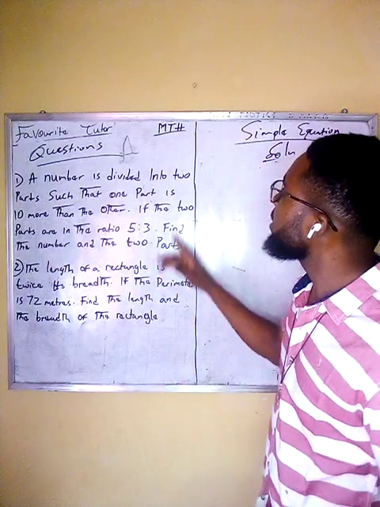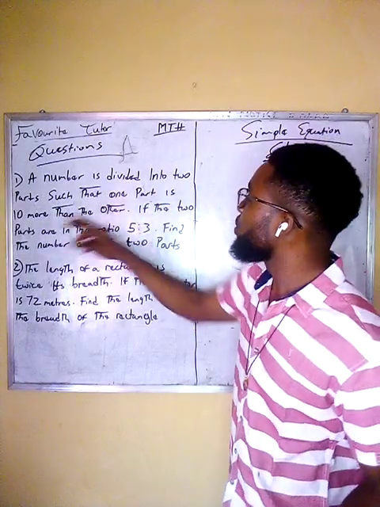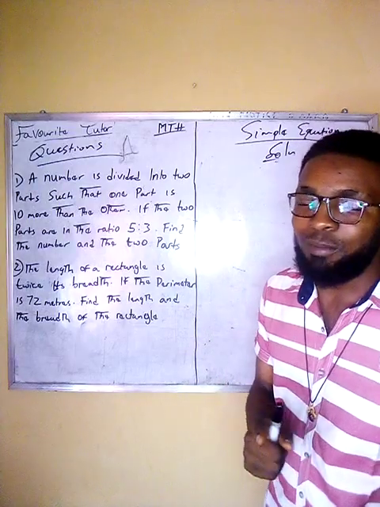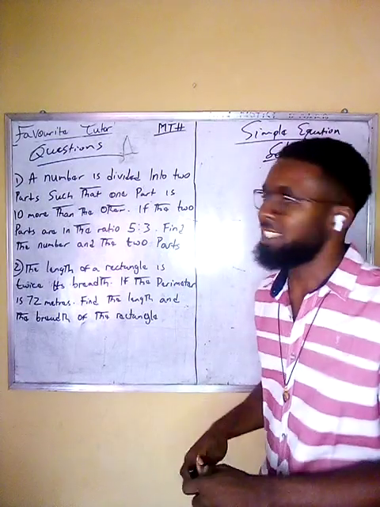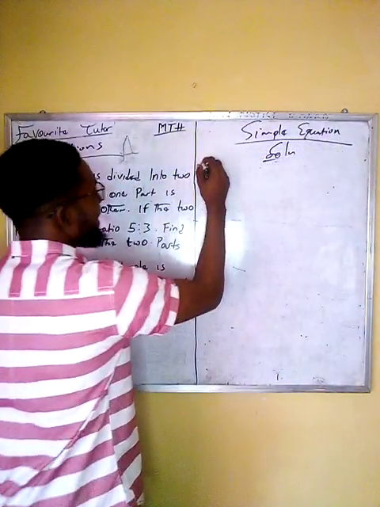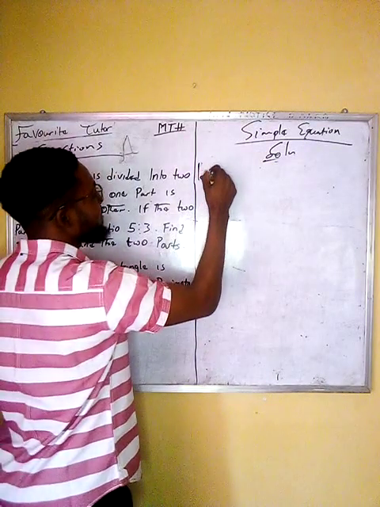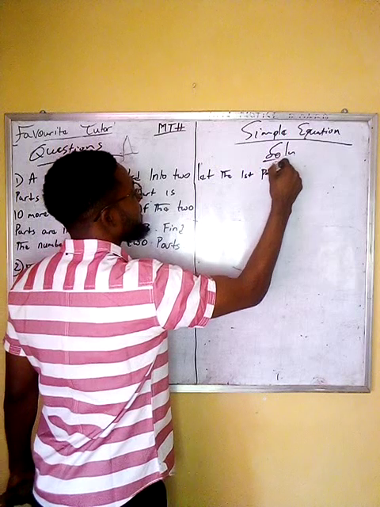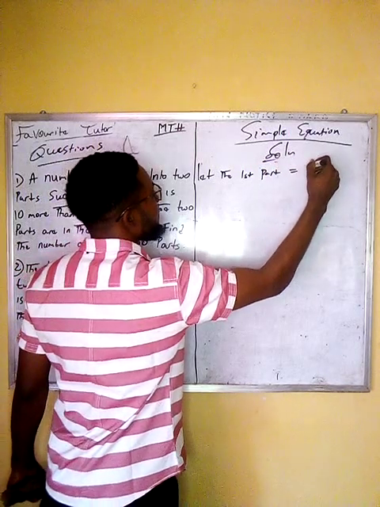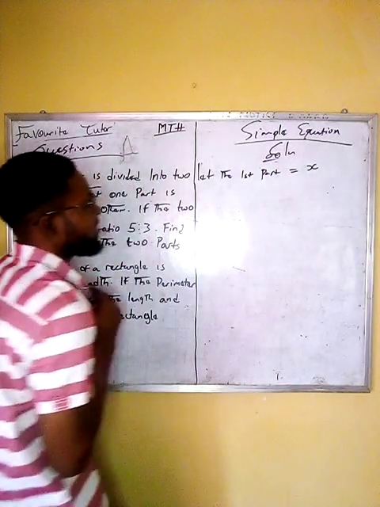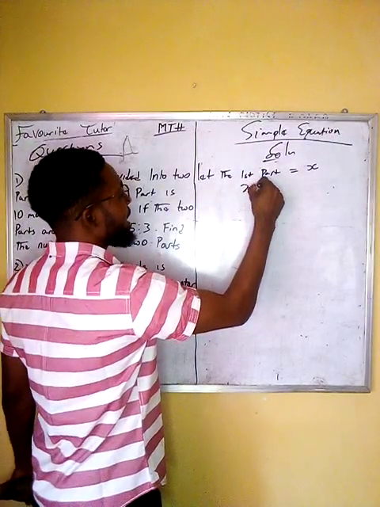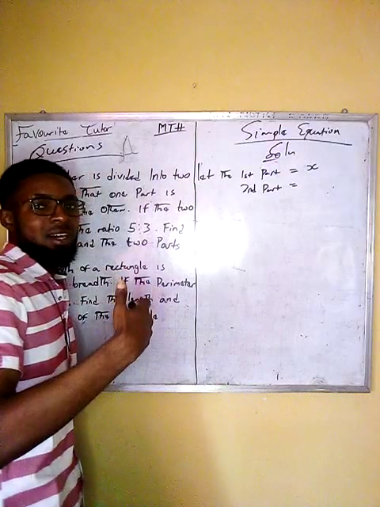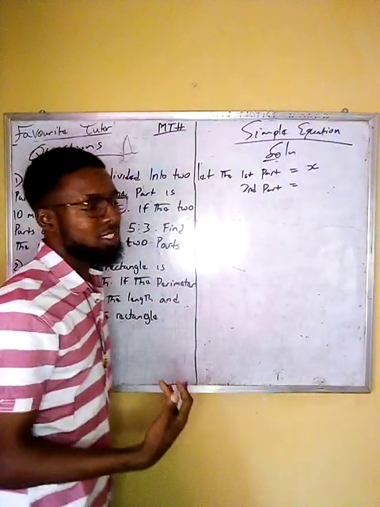So we're told that one part is 10 more than the other. So if we know one part of the number, we will know the other part. Therefore we can say let the first part of the number be equal to x, and therefore the second part is 10 more than the first.